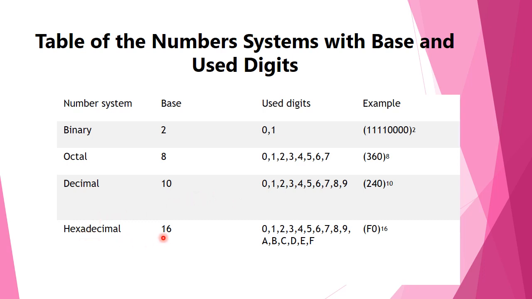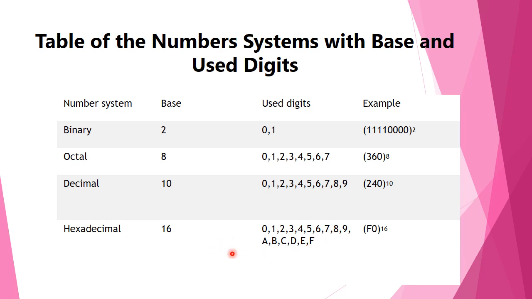Now next is the hexadecimal number system. In the hexadecimal number system the base is 16 and the digits used are 0 1 2 3 4 5 6 7 8 9 and then A B C D E and F. The value of A, after 9, is 10, and then B is 11, C 12, D 13, E 14 and the last, F, is 15.